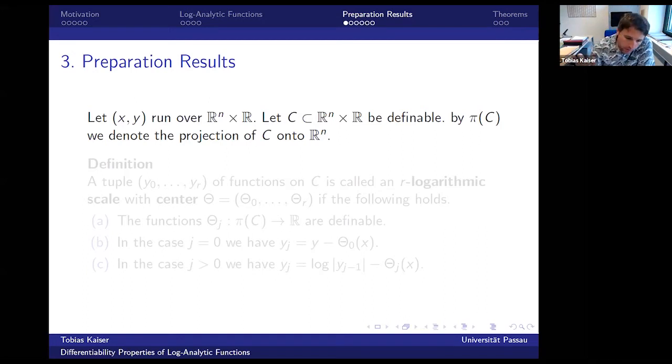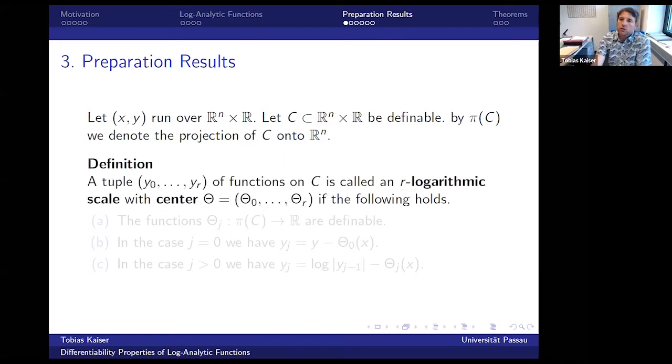And preparation results means monomial times unit, whatever the monomials, whatever the units. But this is the idea of a preparation result. And here I want to present the notion of the monomials.